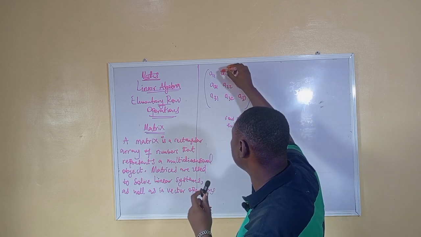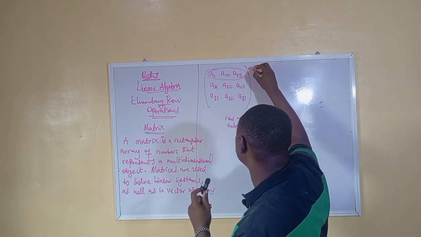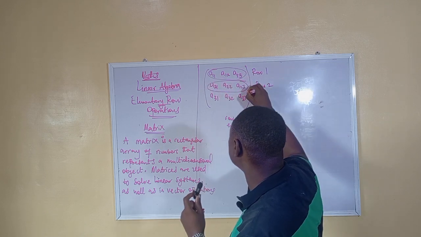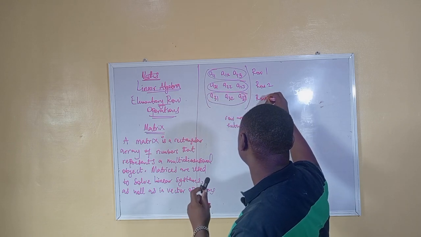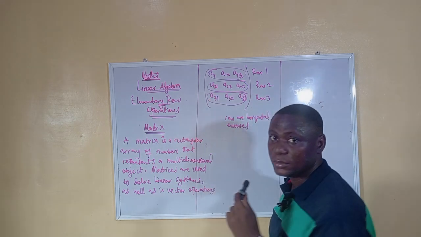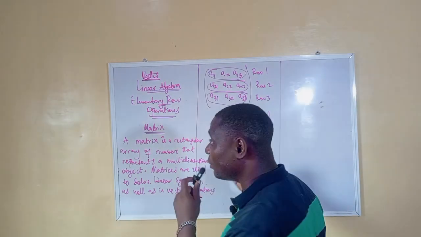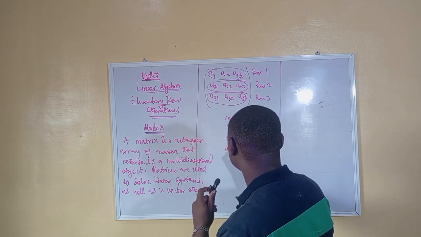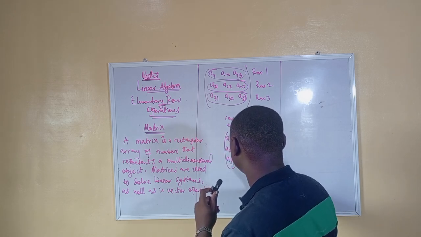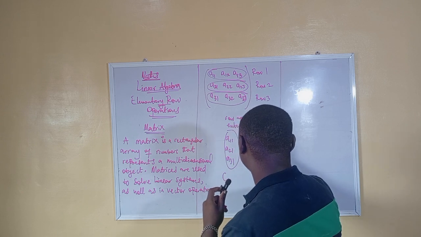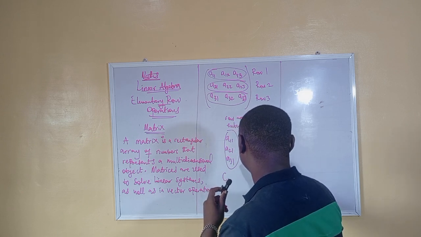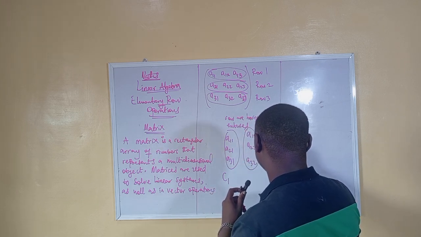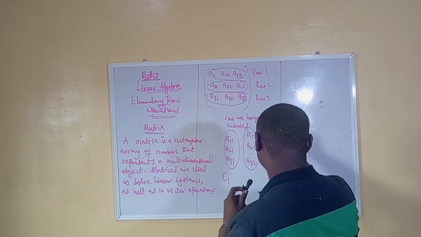While the columns, this is row one, this is row two, and this is row three. Talking about the columns, we see that A11, A21, A31 is column 1, A12, A22, A32 is column 2, and A13, A23, A33 is column 3.